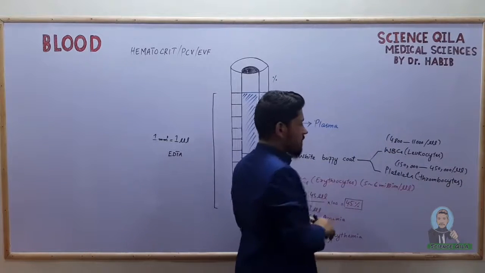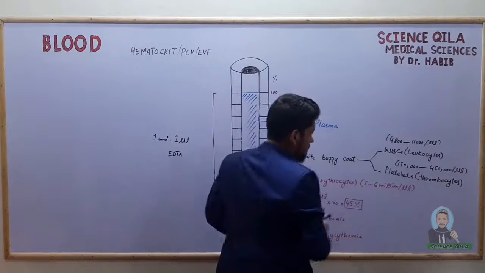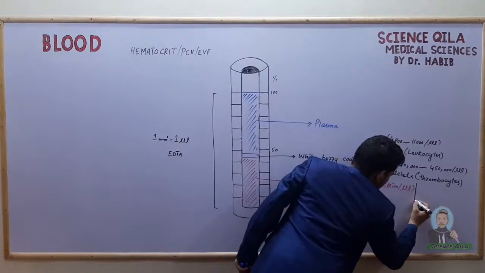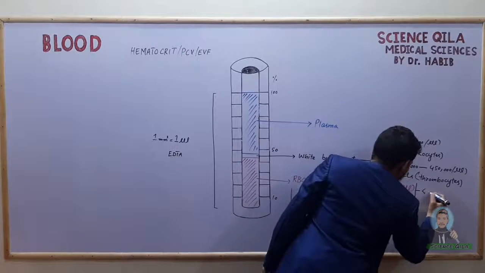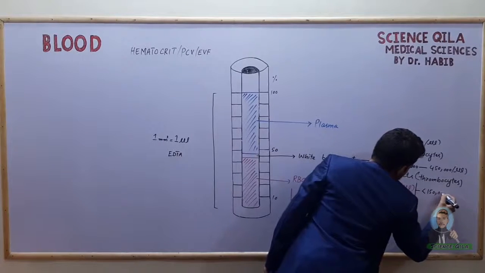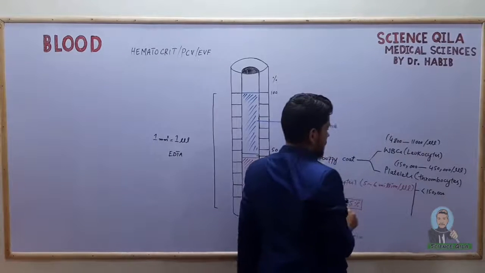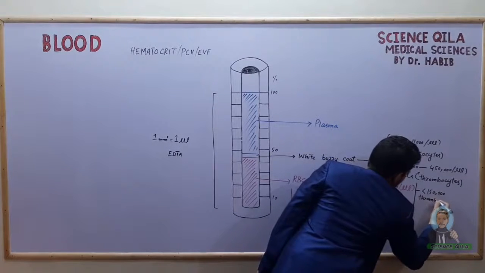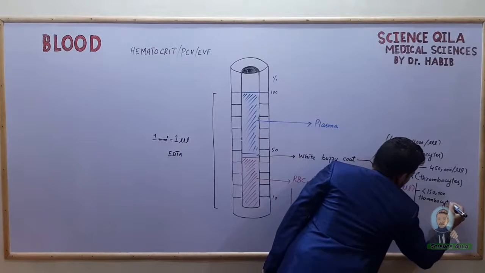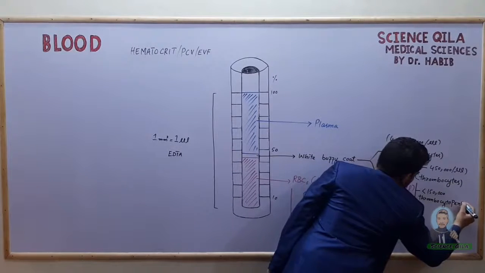So here also we have two conditions. If the platelets are less than 150,000 per microliter, we will call this condition thrombocytopenia.